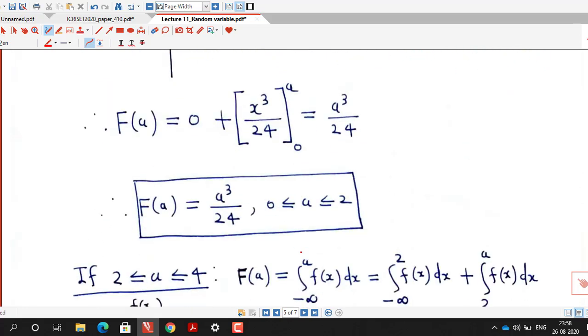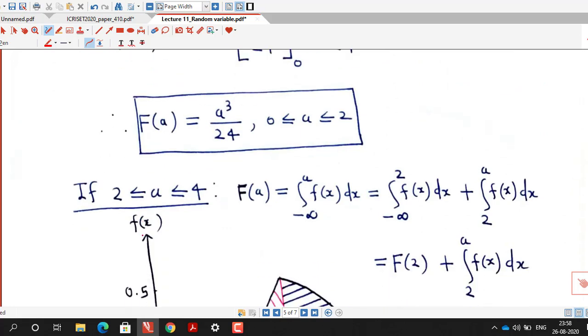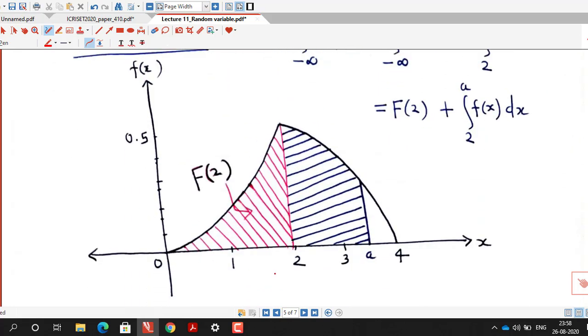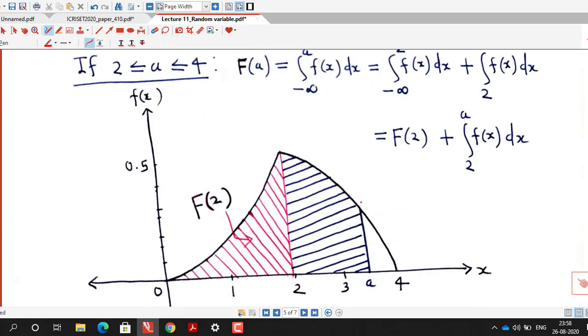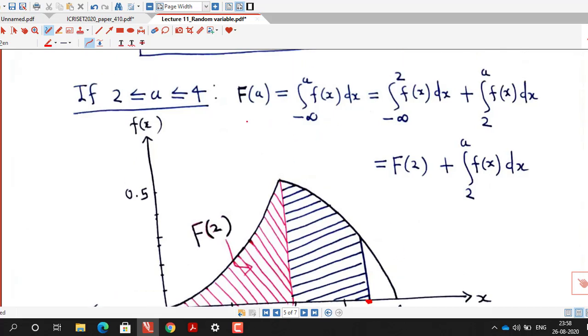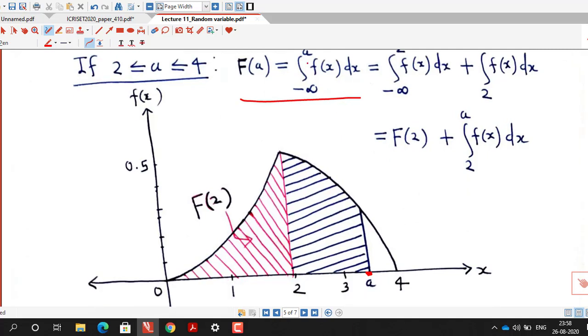Now suppose a lies between 2 and 4. That I have explained in this figure. Suppose small a is somewhere here between 2 and 4. Now for F of a, we have to consider the integral up to this point, minus infinity to a.